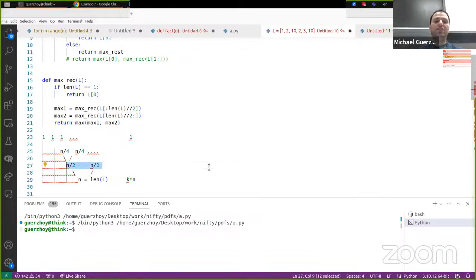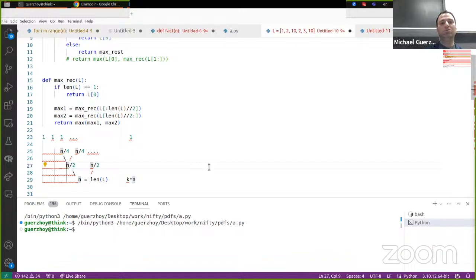And then on this level, what happens is in this call, you're calling it on the first half of L, and you're saying, do the first quarter and the second quarter and compare the maxima for the first and second quarters. And for this one, you also do that. So third quarter and fourth quarter, compare the maximum.